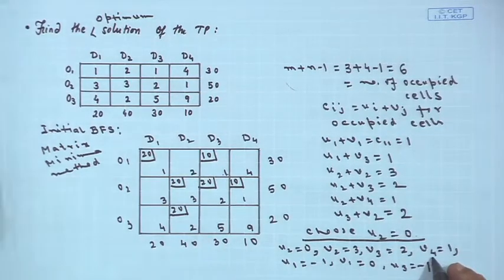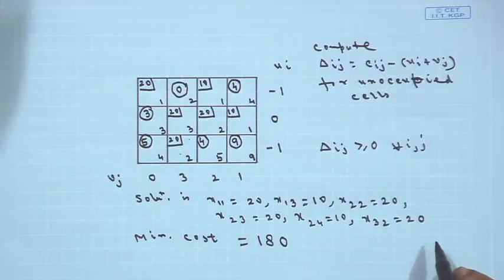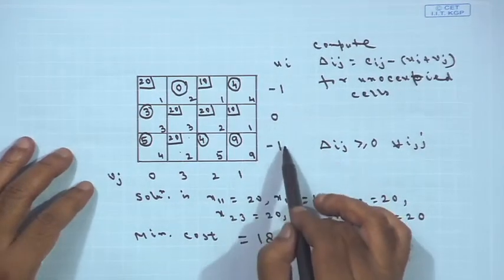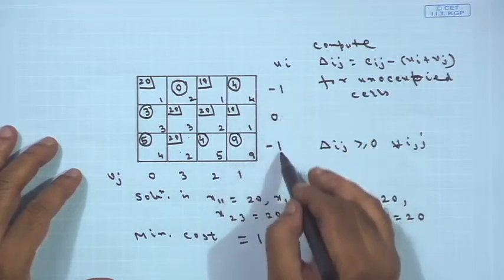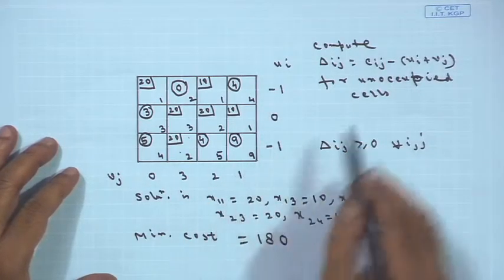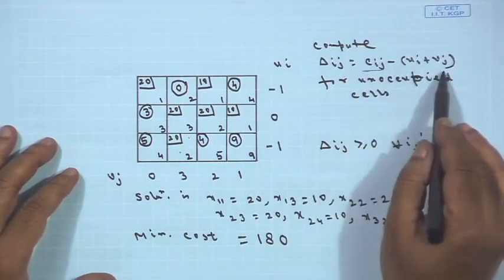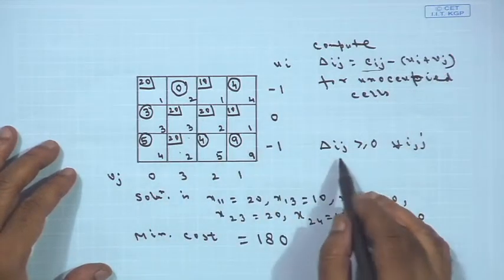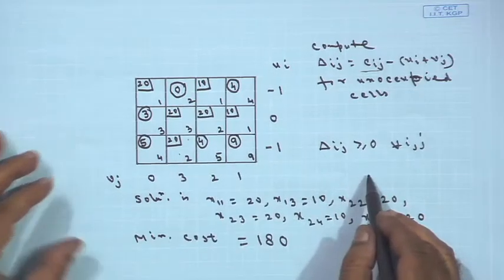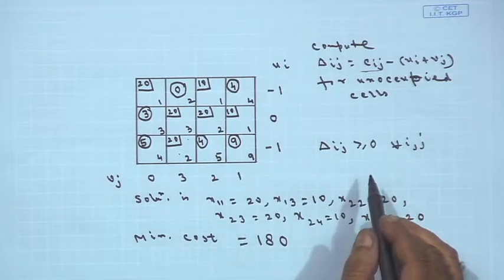Then you get the values of Ui and Vj, write them and reformulate the table like this. Then you calculate delta ij equals Cij minus (Ui plus Vj), and for this problem you find all delta ij are greater than or equal to 0.